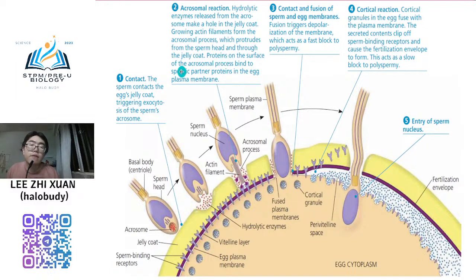Protein on the surface of the acrosome binds to a specific partner protein in the egg plasma membrane. So the general function of the acrosome is to release enzyme to hydrolyze the surface membrane of the secondary oocyte to make sure that the nucleus can pass through into it.